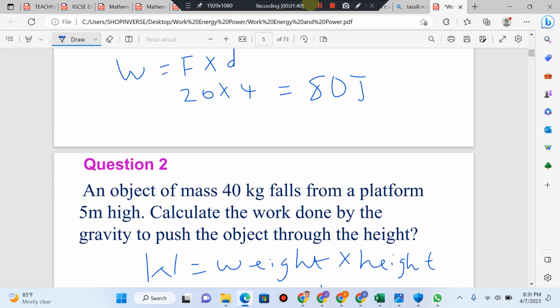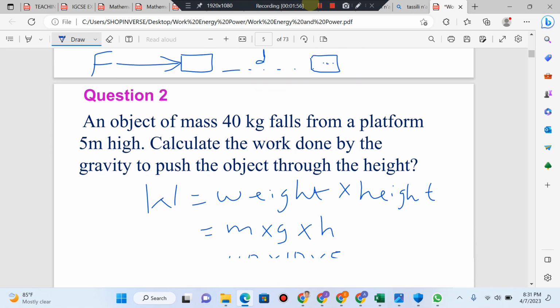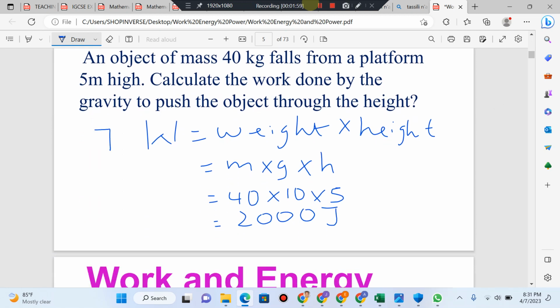You use force times distance if it is a force that is moving along a straight line. You have a force that is pushing an object and the object covers a certain distance. This is the distance, this is the new position of the object. So you multiply force by distance.